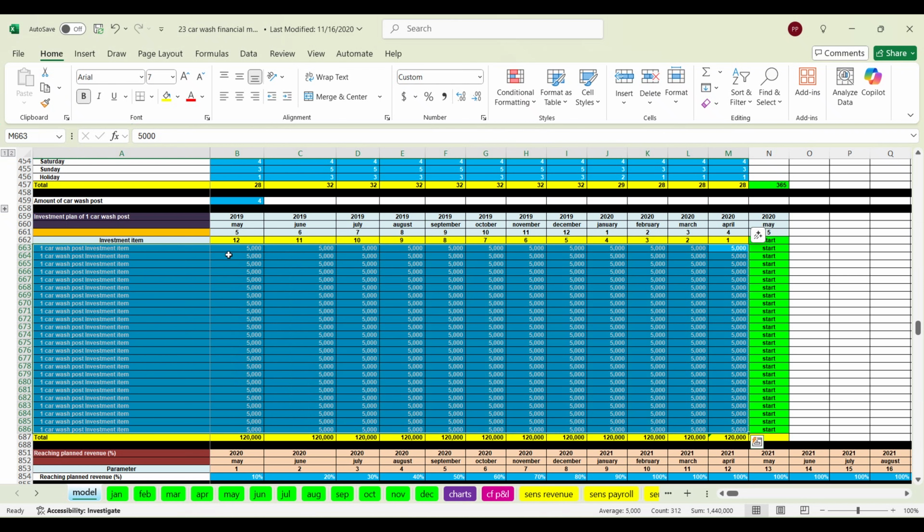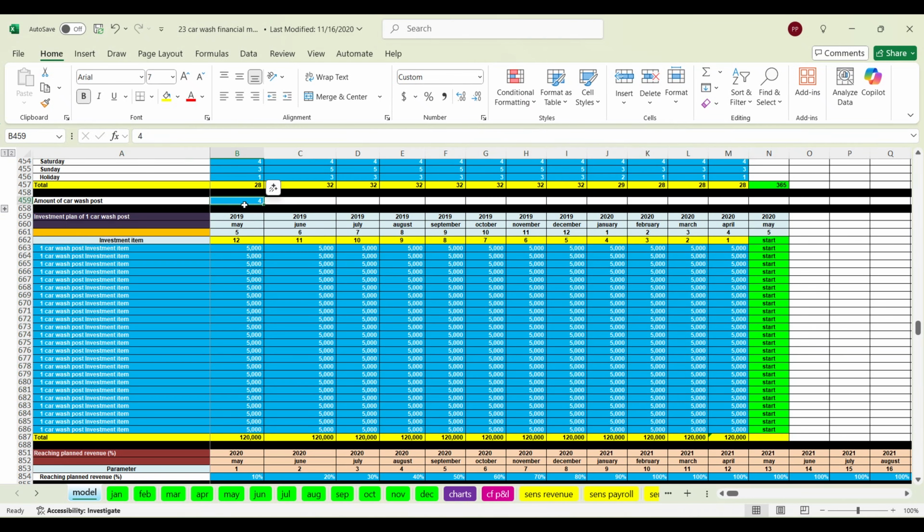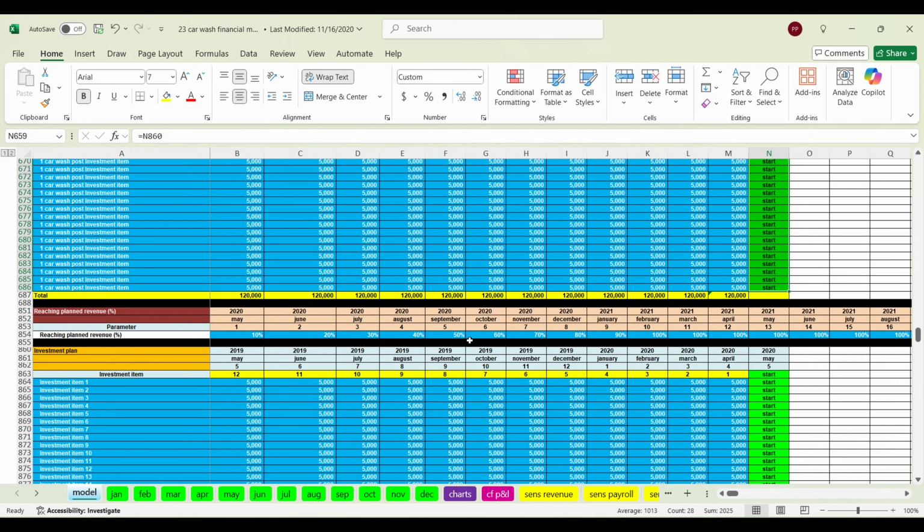So later we will be multiplying this investment plan by the amount of posts that we have. So for 1 post we're specifying what we are investing in, how much we are investing, and when we are investing, before our car wash business starts getting the first revenues.